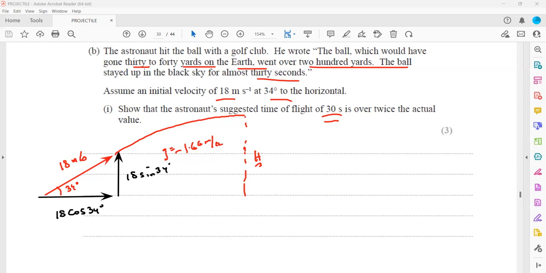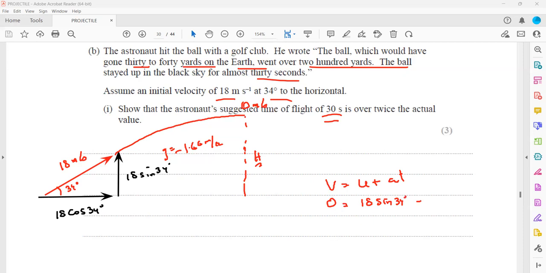We have the formula v equals u plus at. Final vertical speed is 0. Horizontal will always be the same, 18 cosine 34. Vertical is 0. Initial vertical is 18 sine 34, because it's a vertical motion. Why minus?